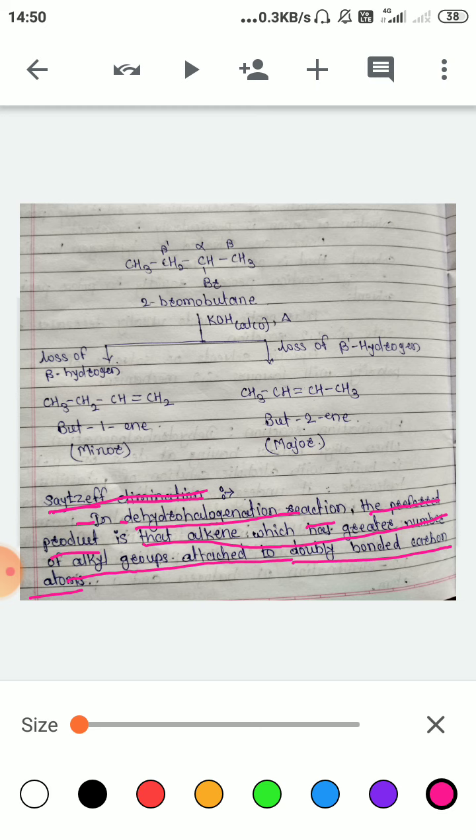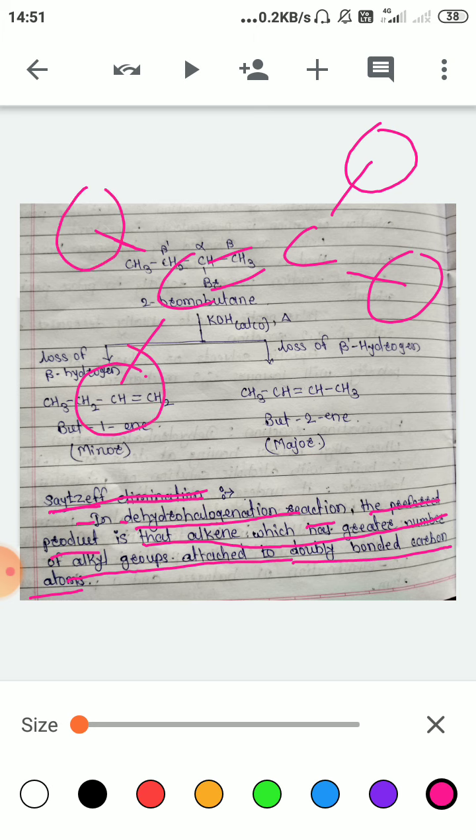That means if we consider here C double bond C, and the two valencies are left from the two carbon atoms, the more the number of alkyl groups attached to these carbon atoms, the more will be the stability of the alkene formed.